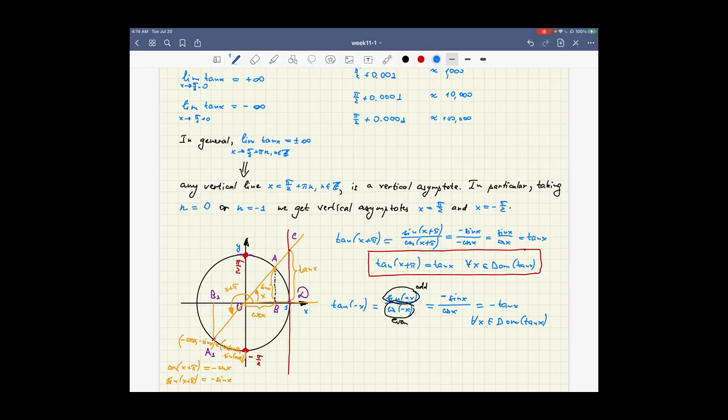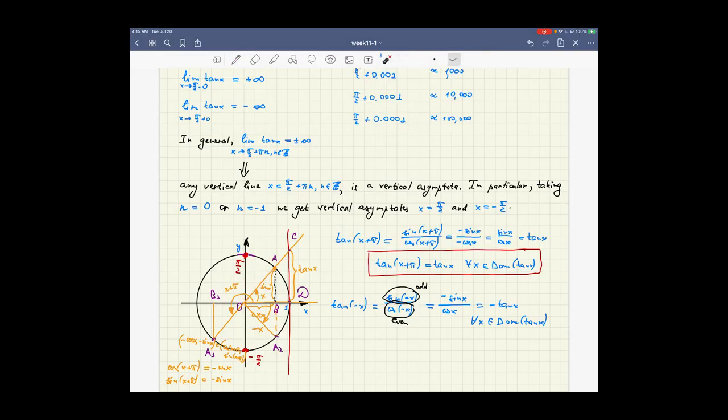And that is also clear from the unit circle, because if that's angle x, then this here will be angle negative x. And again, by equality of these two triangles, OAB and OA2B, we see that, why are they equal?